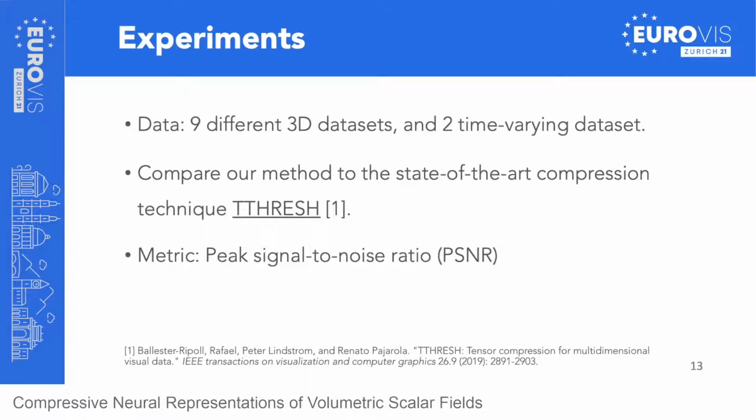The main evaluation metric we use is PSNR, which stands for peak signal-to-noise ratio, and is calculated as the following, where Dmax and Dmin refer to the max and min field values, and RMSE is root mean squared error. Basically, the lower the mean squared error of the reconstructed field versus the original field, the larger the PSNR and the higher the overall precision of reconstructed data and thus more accurate post-analysis.